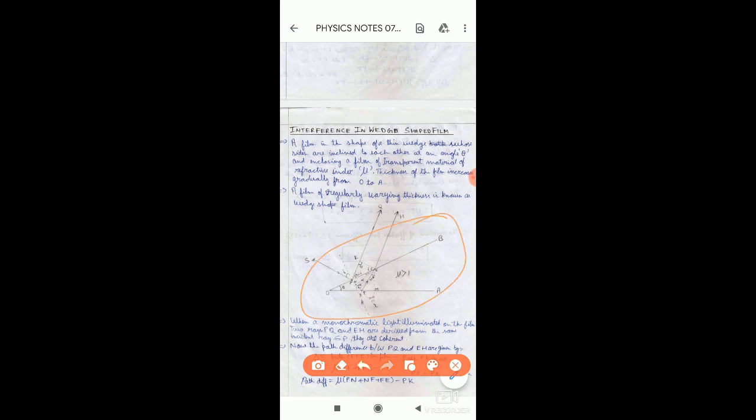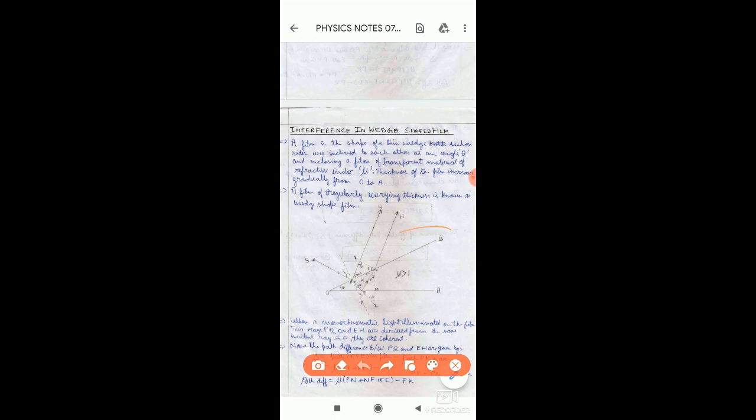Okay, O to A. There are two surfaces, they are going to meet at point O and form a non-uniform thickness film, and it increases gradually from O to A as you see in the figure. This film of regularly varying thickness is known as wedge shape film.